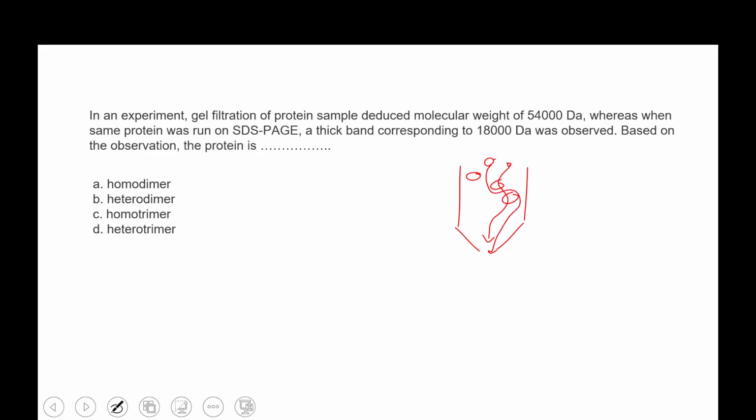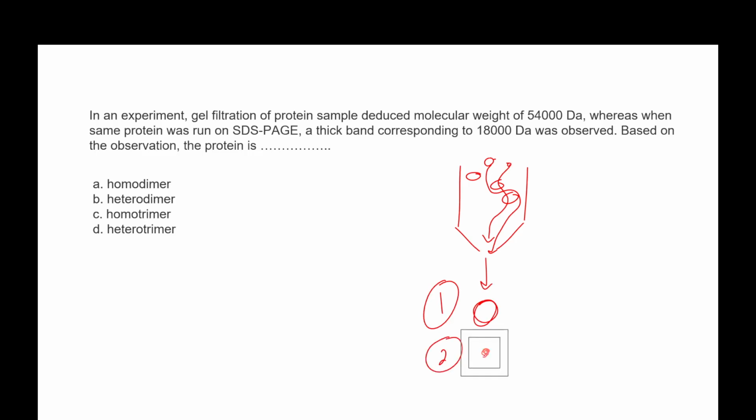As the smaller protein takes time to pass through the pores, the bigger protein will come out first from the column. So first the bigger protein will come, and second the smaller protein will come.